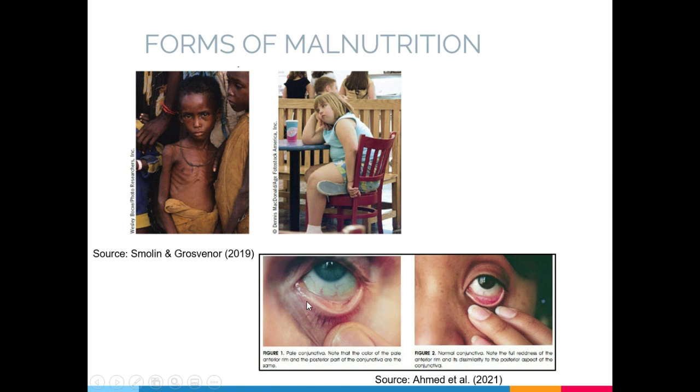So what causes this one? Kaning pale conjunctiva? Deficiency of a particular mineral called as iron. Okay? So therefore, this is micronutrient deficiency and this falls under undernutrition. Okay? So kung kulang ka sa vitamins and minerals, undernutrition pud na. But ang specific term is micronutrient deficiency.